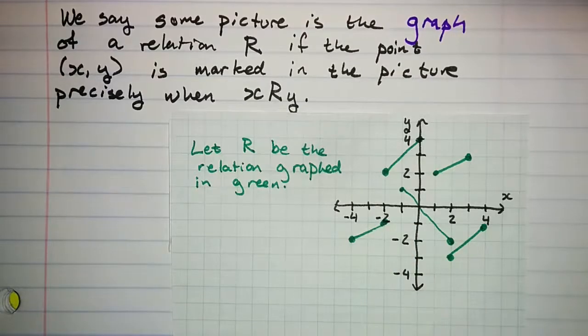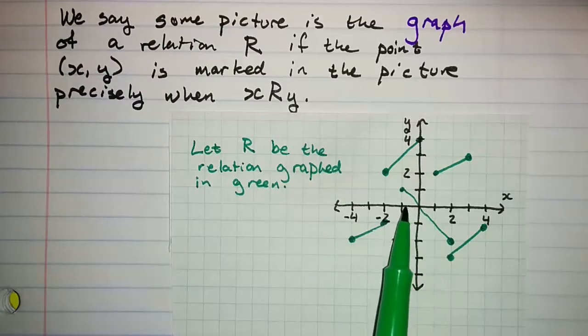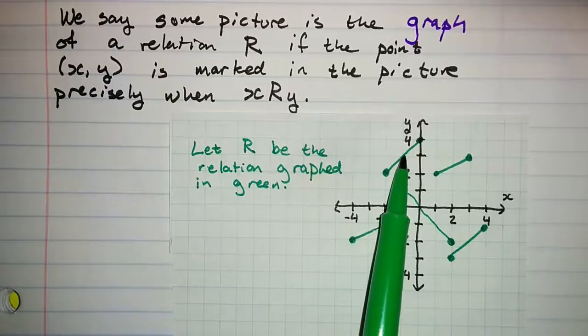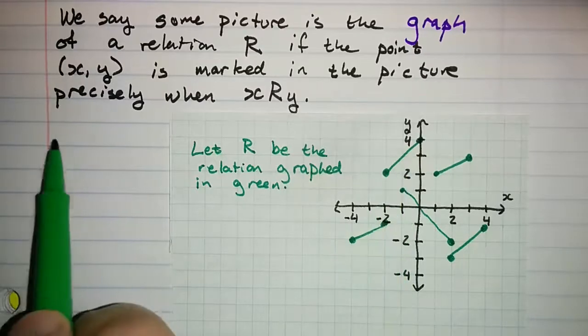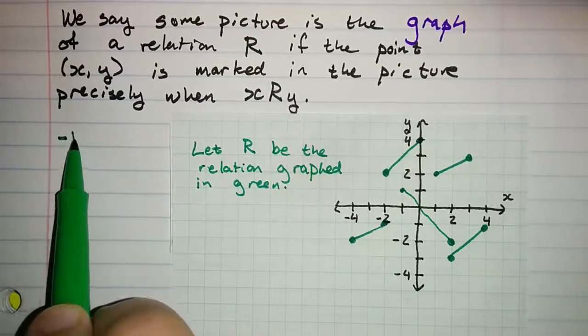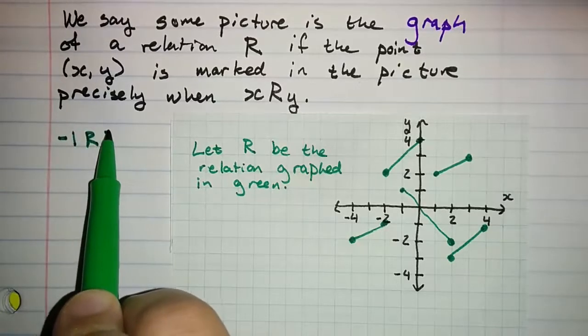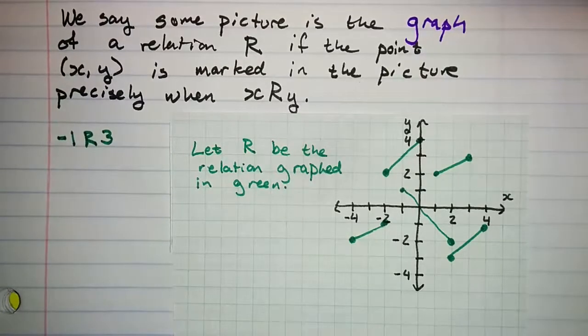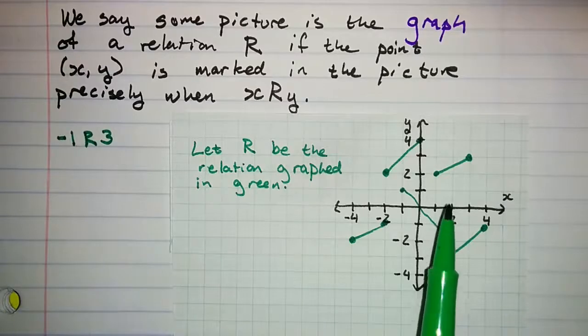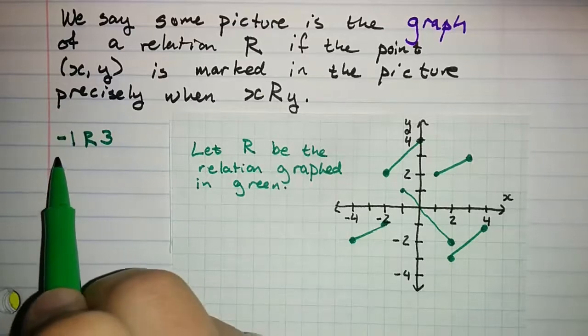Then, looking at this picture, we see, for example, that the point -1, 3 is marked on the graph. So -1 is related to 3. We see that the point 2, 2.5 is marked on the graph.